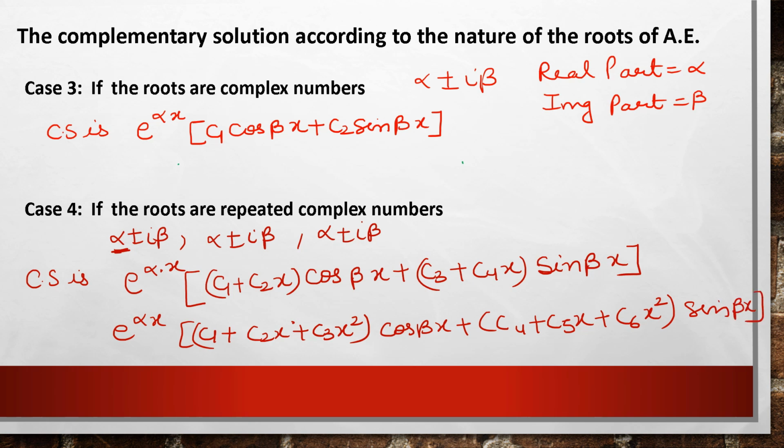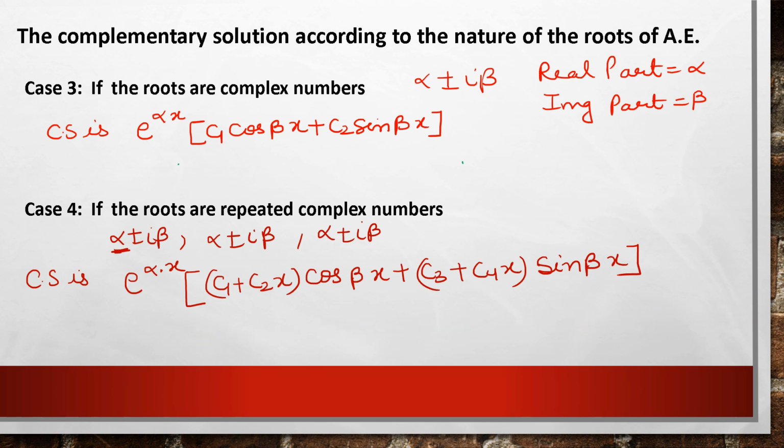So this will be the solution if any pair is repeating three times. Okay, let's see one dummy example. So if you have, let's say, the pair 3 plus minus 2 iota, and this is repeating two times, then what will be the complementary solution?